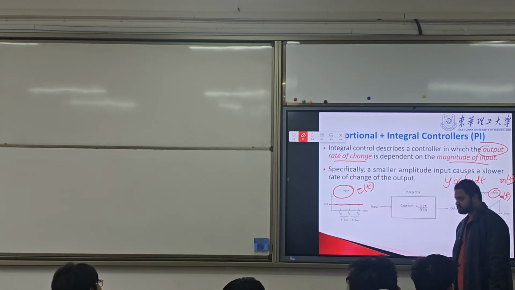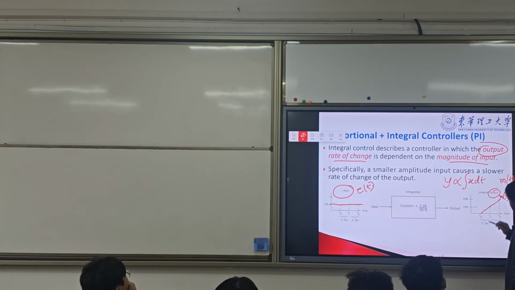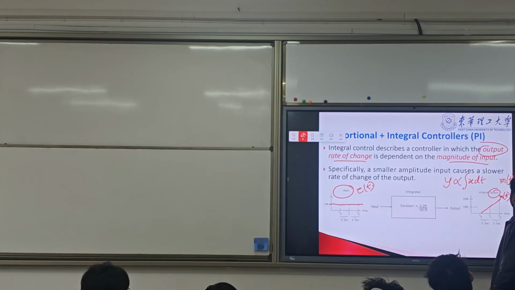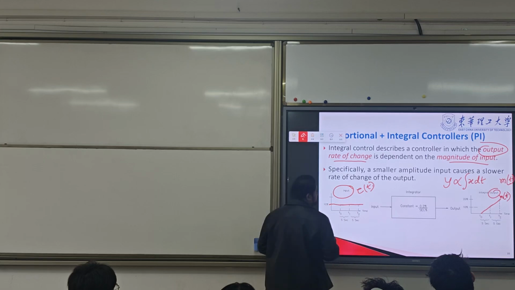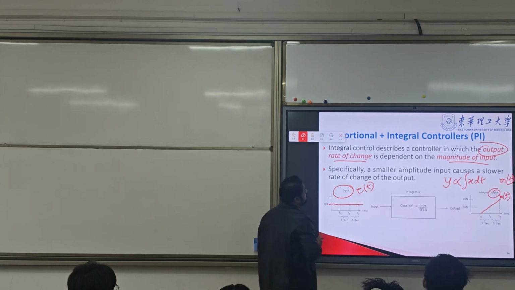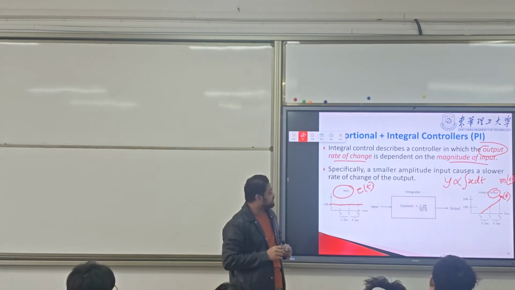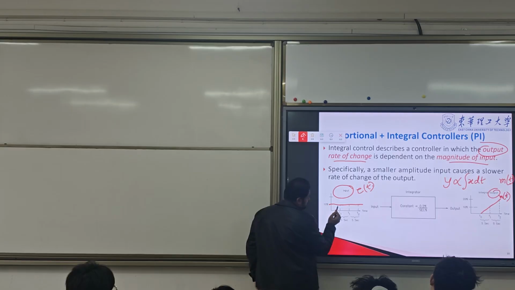See, the input is like this, but the output is like this because we have a rate of change. So this one we need to apply the Laplace transform. First we see a smaller amplitude input causes a slower rate of change in this side.